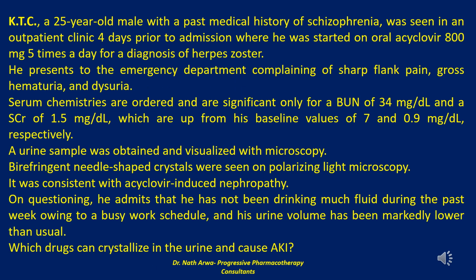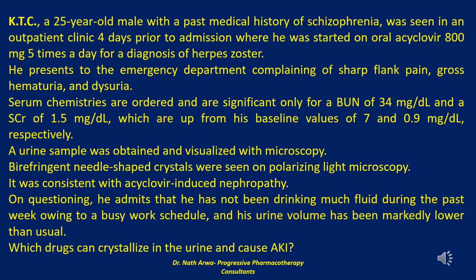The next case reads, KTC, a 25-year-old male with a past medical history of schizophrenia, was seen in an outpatient clinic 4 days prior to admission, where he was started on oral acyclovir 800 mg 5 times a day for a diagnosis of herpes zoster.